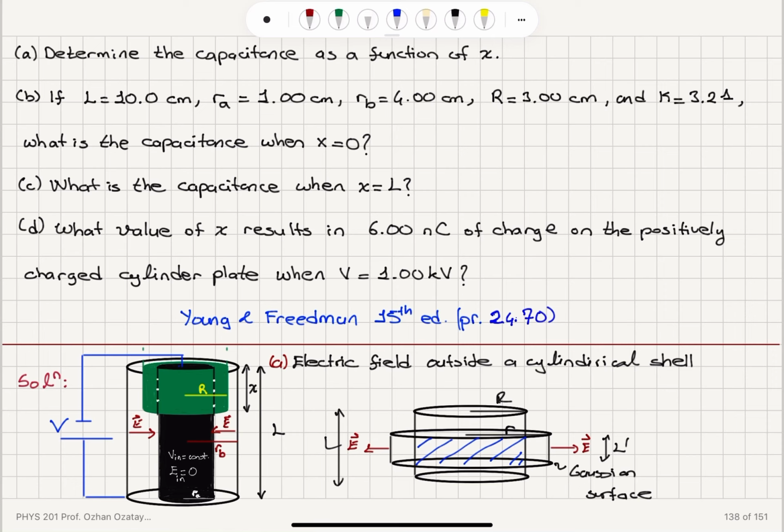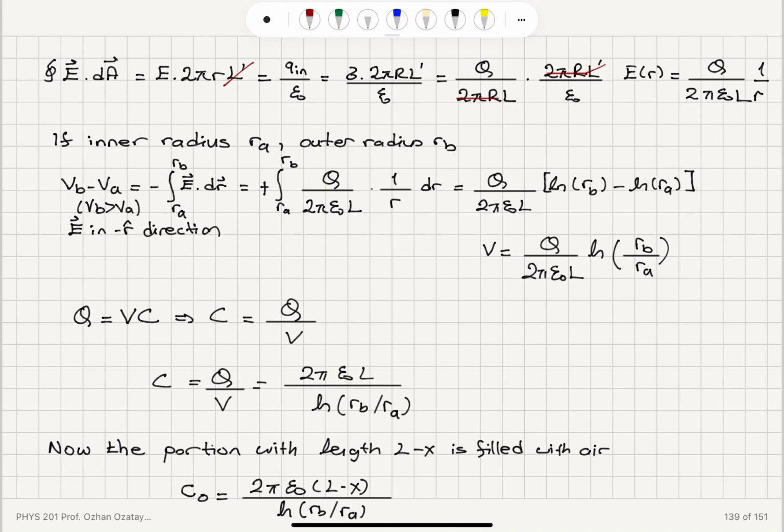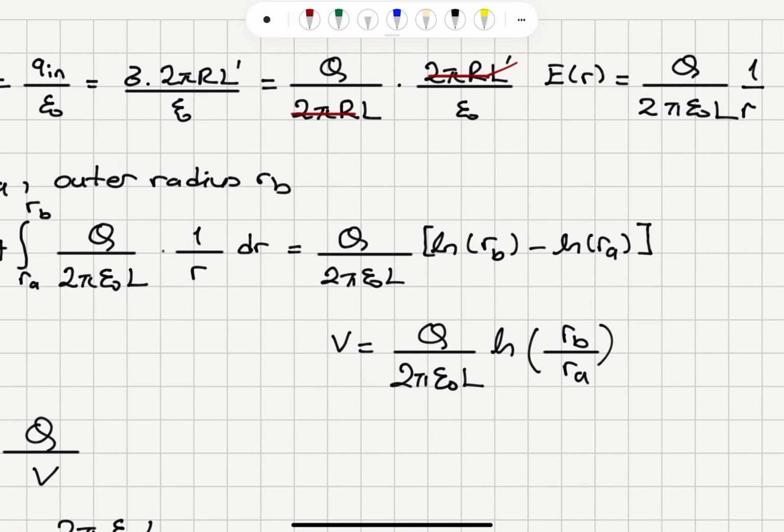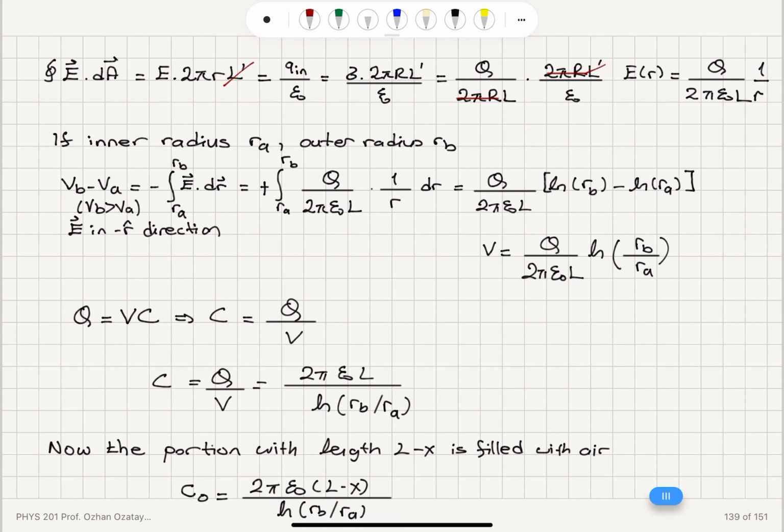That's the electric field created by this solid cylinder, or that develops between this solid cylinder and the outside surface, and this electric field Q over 2 pi epsilon 0 L times 1 over R dr, electric field dot product with the displacement, integral from RA to RB, gives me the potential difference Q over 2 pi epsilon 0 L, natural logarithm of RB over RA.